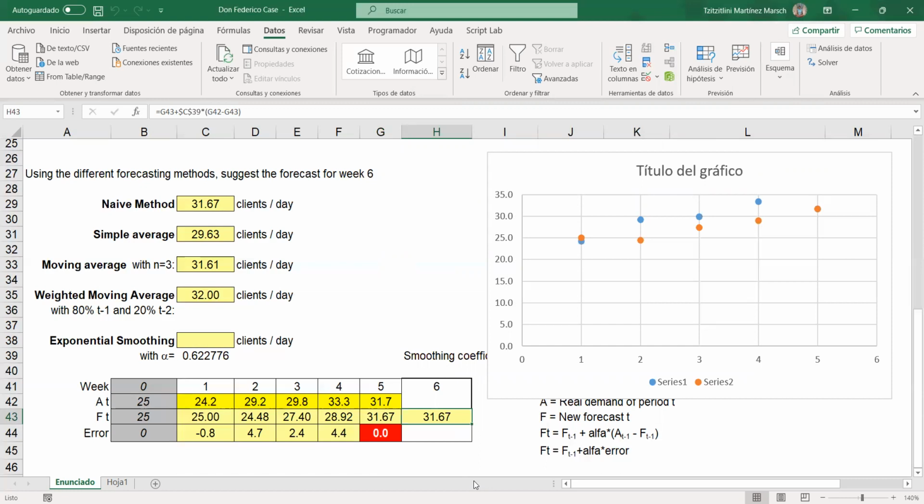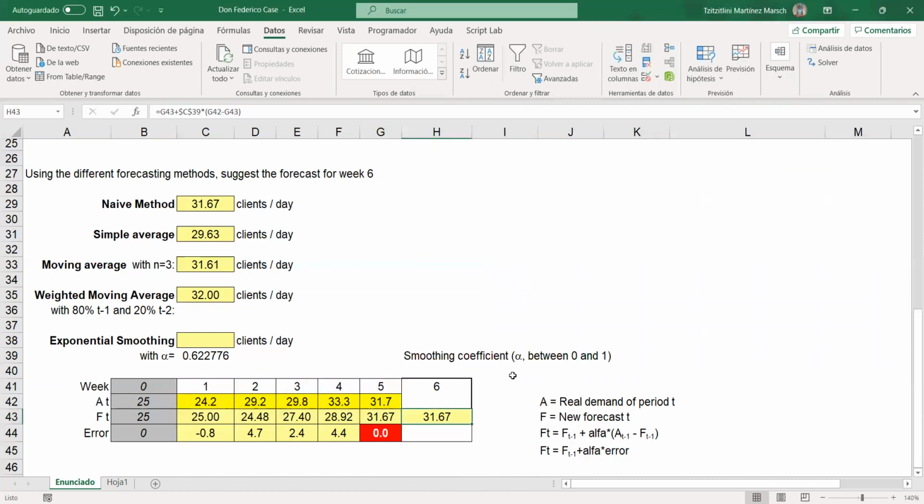So this is pretty good. I have really good data here, good information. And if you can see, by the way, it's actually the same as my naive method, very close to my moving average.